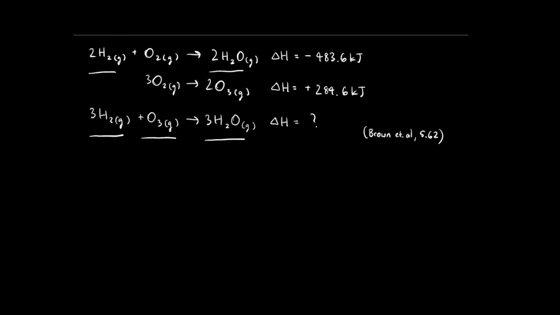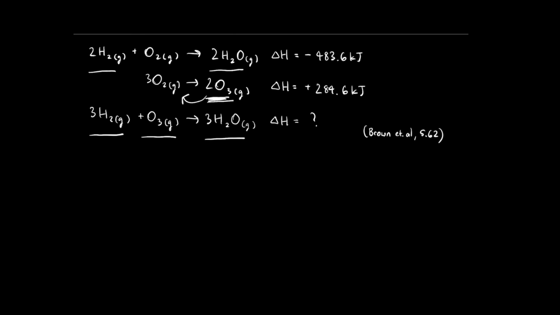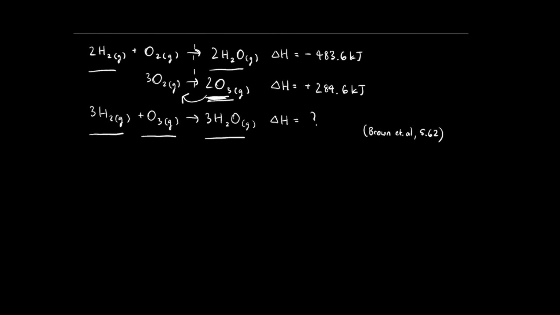And we have O3 right here. So the first thing we want is for this O3 to be on the other side of the line. If we think of all of these arrows as a dividing line between reactants and products, we want that O3 to be on the other side. So we just flip it.